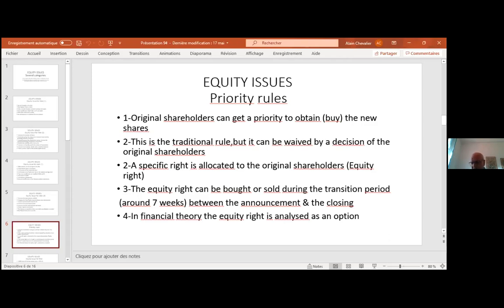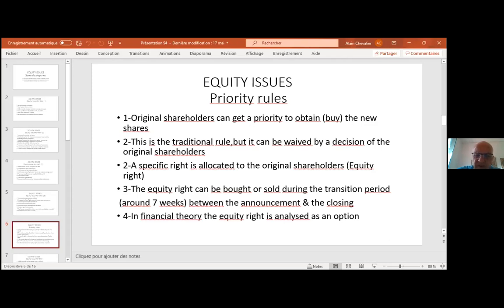Point 3 here: an equity right can be bought or sold during a transition period. It's around 7 weeks generally. It depends on the local and national regulation, but it's around 7 weeks between the announcement and the closing.